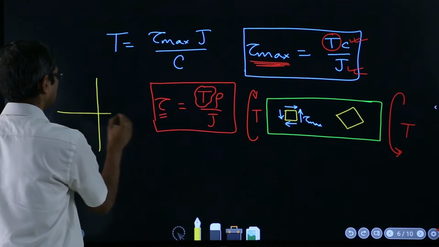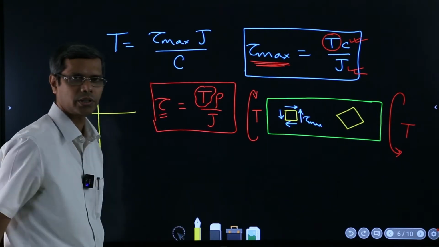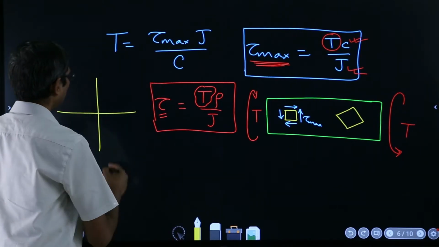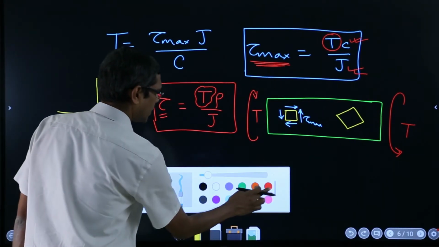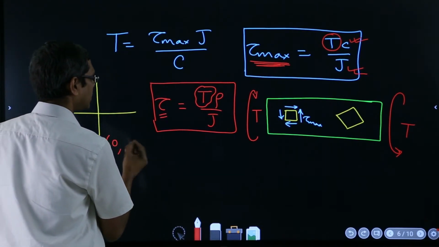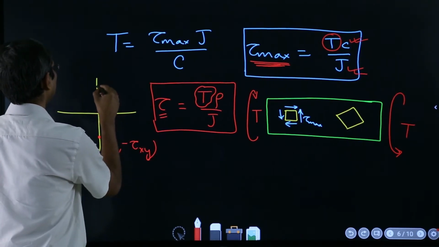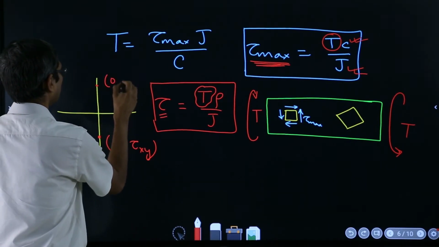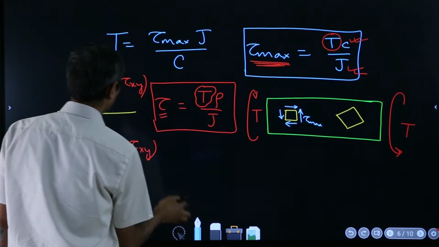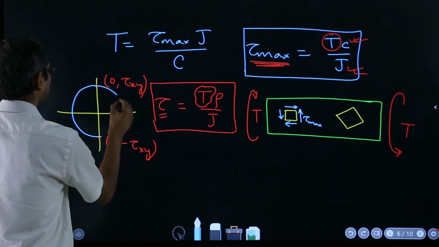If you want to just talk in terms of Mohr's circle, now suppose this is my starting point of drawing the Mohr circle. So there is no normal stress. So my first point will be, say, somewhere here, that is 0 and say minus tau xy, and similarly here it's say 0 and tau xy, and then I will just draw the circle with this being the diameter.